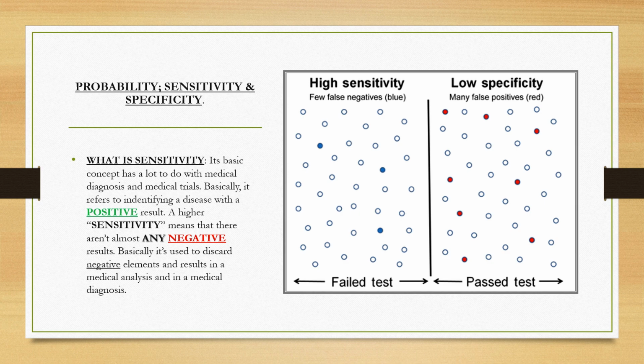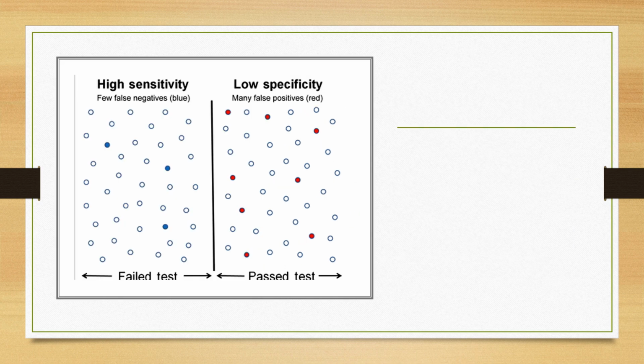That means low specificity and high sensitivity, because it has few false negative results that put the overall score in a positive way.